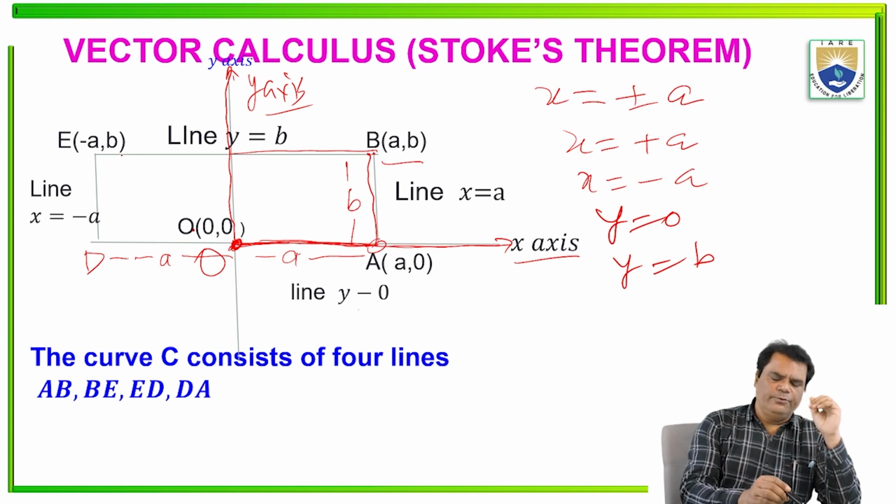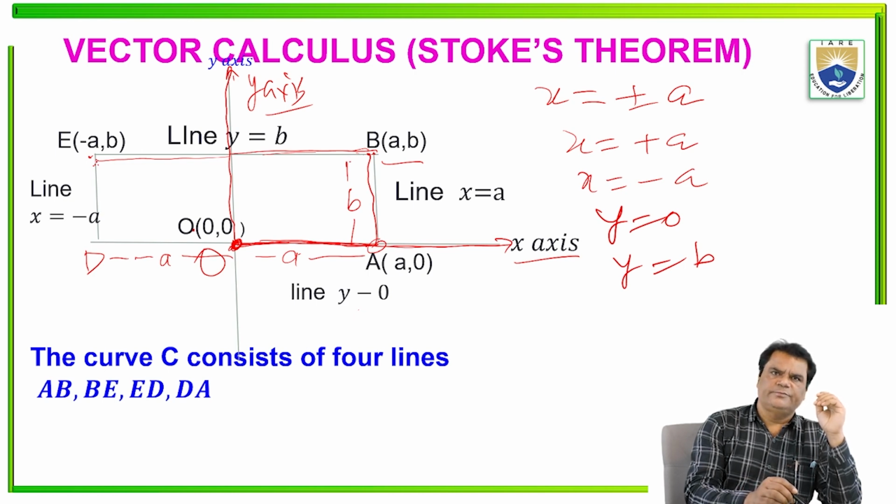Then B to E, which goes to minus a comma b. And E to D, which is B to here, where y is 0, minus a comma 0.